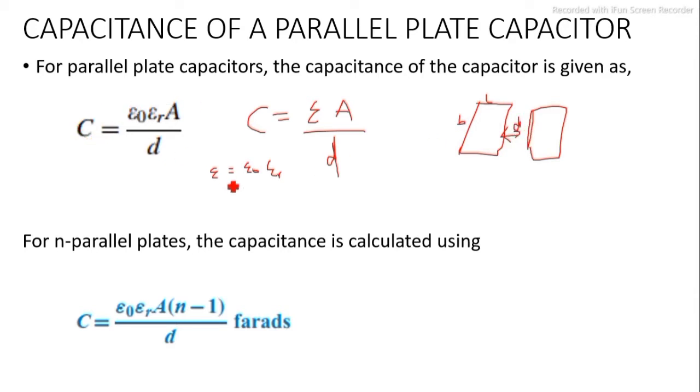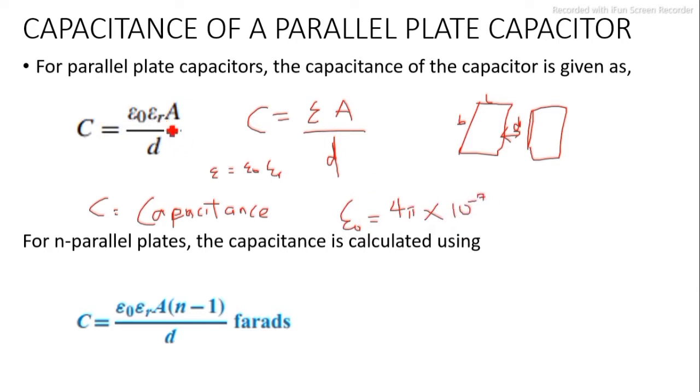So that means your capacitance is epsilon A over D, where C is capacitance. Epsilon naught is a constant, which is 4 pi times 10 to the minus 7.